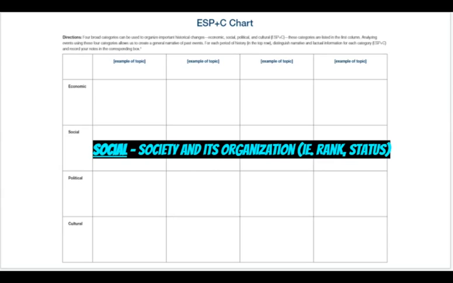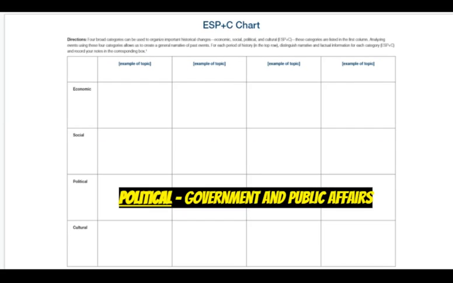Your teacher may have introduced that in an earlier unit. Again, it's the status, the rank, and who is in charge of who and who has to listen and work with who. Political, anything involving government, meaning who's in charge, who's on top, who's running the place. It's government and how the public deals with the government and how things are run.